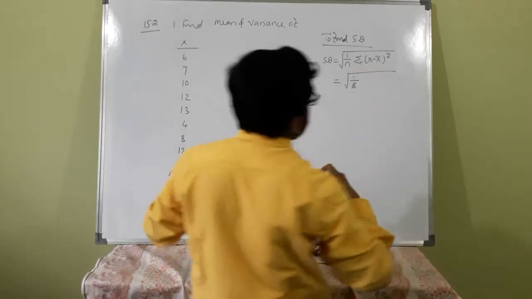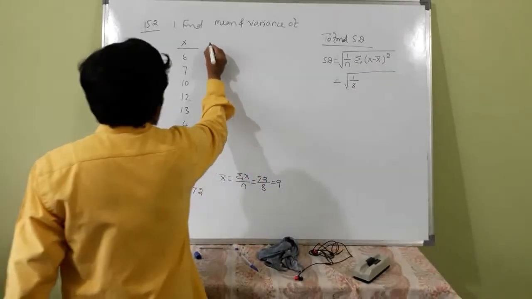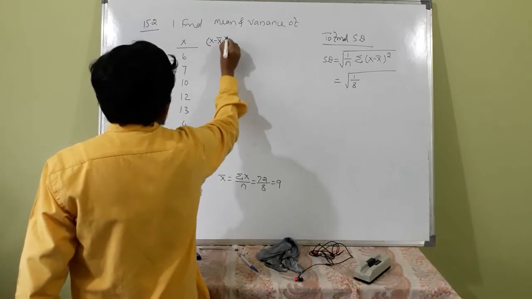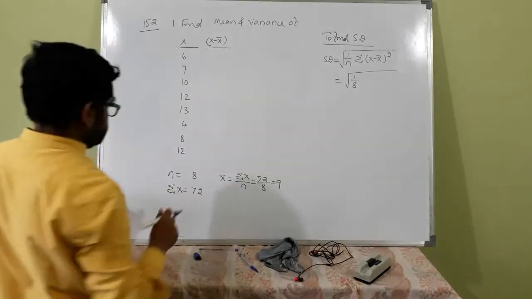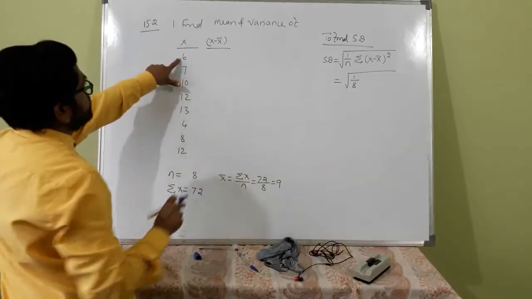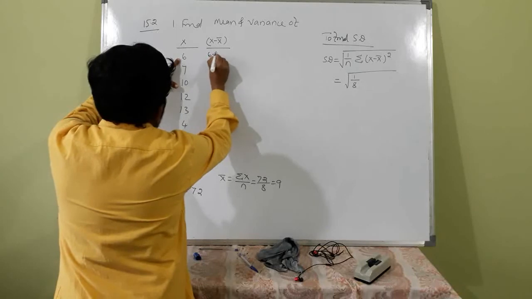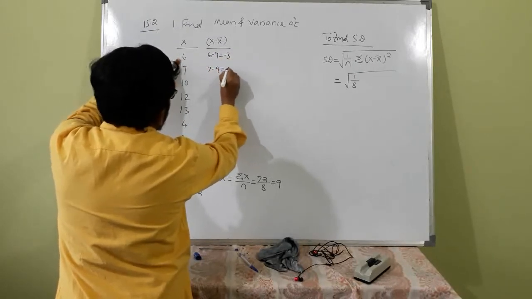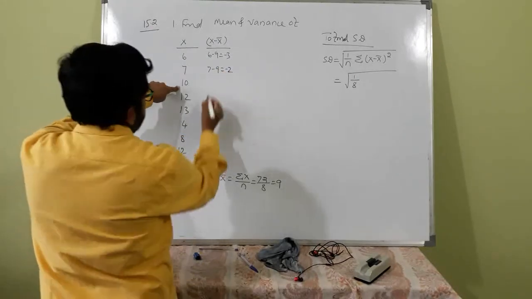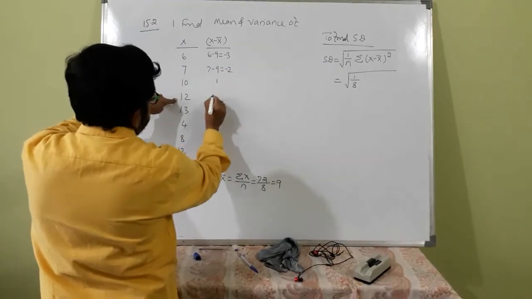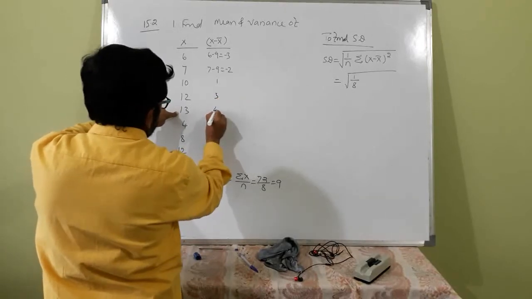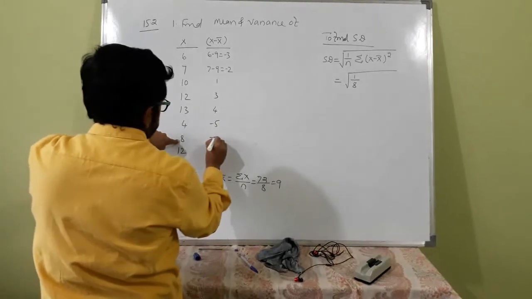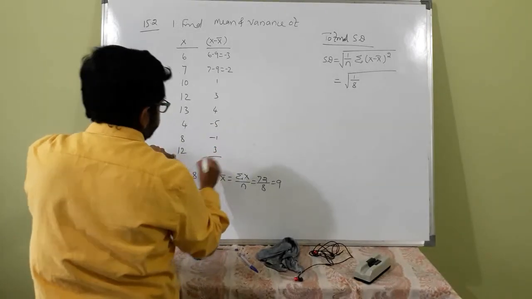Summation x minus x bar whole square you have to find. So for that, let us construct one column, x minus x bar, where x bar is 9. 6 minus 9 is minus 3. 7 minus 9 is minus 2. Similarly 10 minus 9, 1. 12 minus 9, 3. 13 minus 9, 4. 4 minus 9, minus 5. 8 minus 9, minus 1. 12 minus 9, 3.